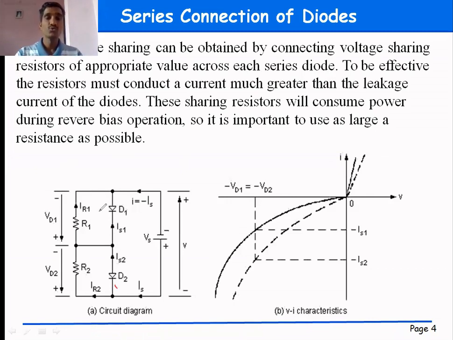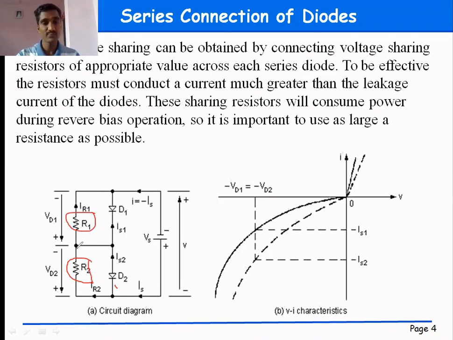But to share the equal voltage across diode D1 and diode D2, we add additional resistors R1 and R2, and the values of these resistances R1 and R2 are the same.